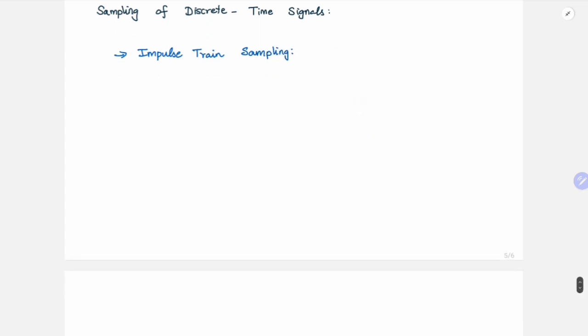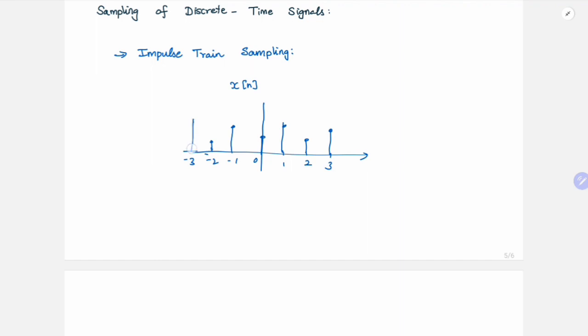So if we have a discrete time signal x[n], some signal like this, and this is n, I will have an impulse train given by p[n] here. Since this is discrete time, my impulses are also in discrete time.